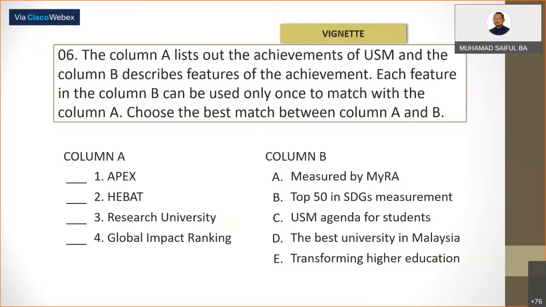This is quite standard, just a matter of identifying the theme of column A and the theme of column B. For example, the theme for column A is achievements of USM, and B is about the features of the achievement. They just need to match the achievement of USM with the features of that achievement. So this is a typical MTI.